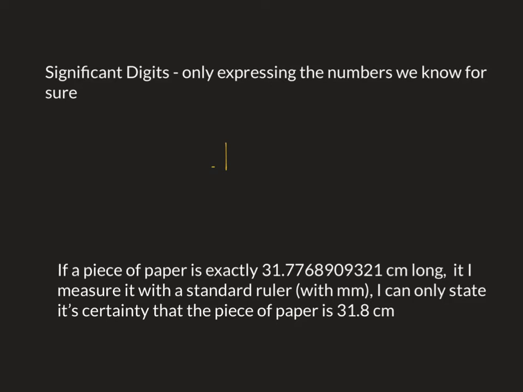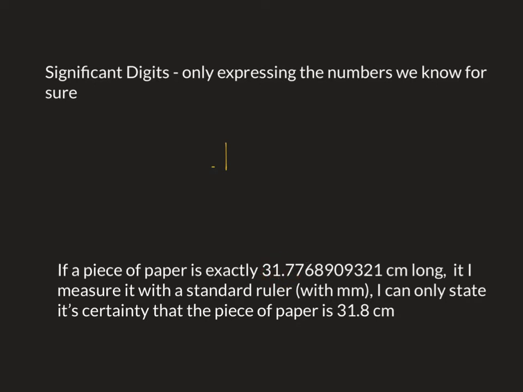It's that last digit that I'm guessing on, but I have a good ballpark for where it is. I wouldn't want to say it's 31 centimeters if my ruler was good enough to measure to this decimal place. But it's these last ones that I really am not sure of, so I don't want to report on them. I only want to report on the most precise thing I can, which with that ruler would be 31.8.